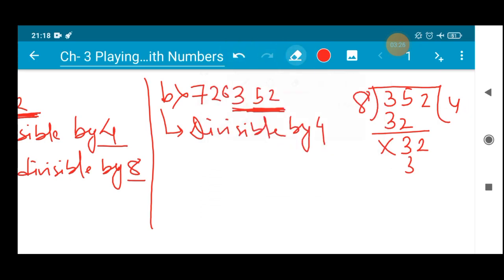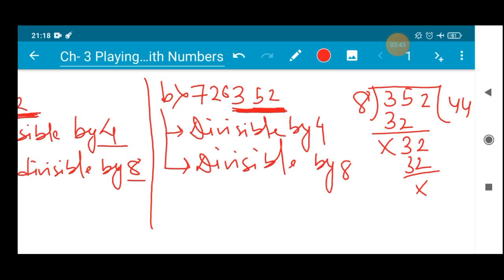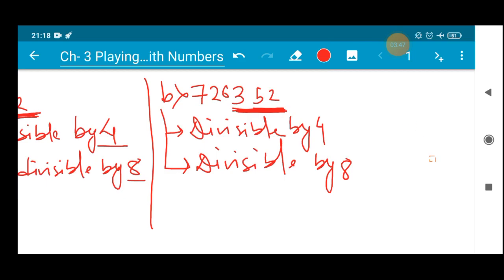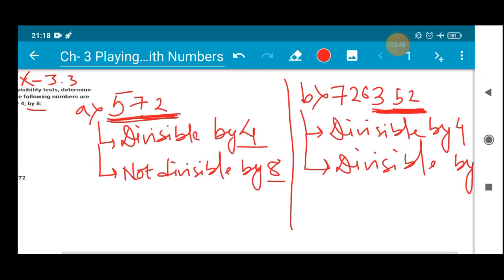I have written 8, it should be 4 here. 8 fours are 32. So it is 0. You can see it is divisible, the last 3 digits are getting divided by 8. So we will write divisible by 8. Isn't it easy? Like this only you will check one by one. Okay, so what is the next number?